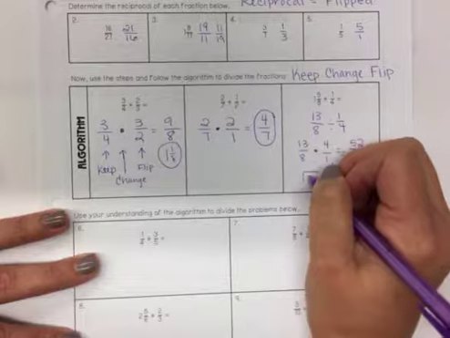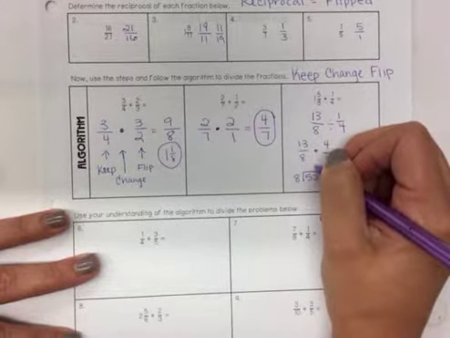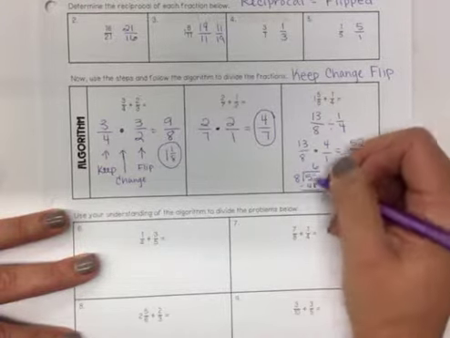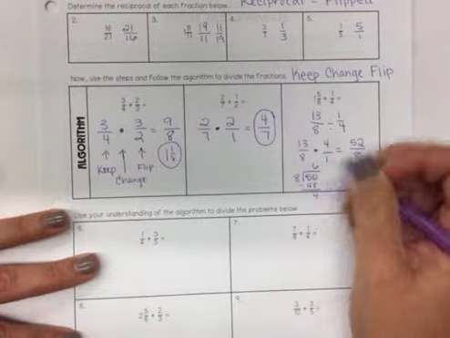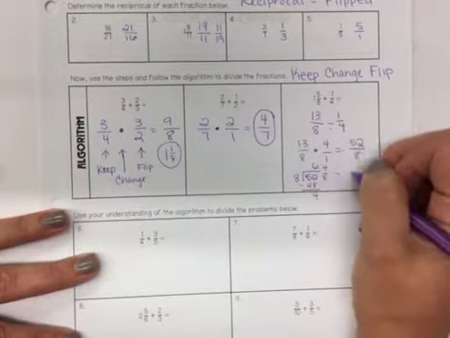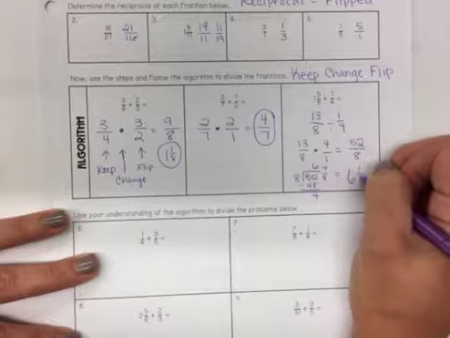How many times does 8 go into 52? 6 times. Four over 8 is my fraction, so it becomes 6, and 4/8 actually reduces down to 1/2.